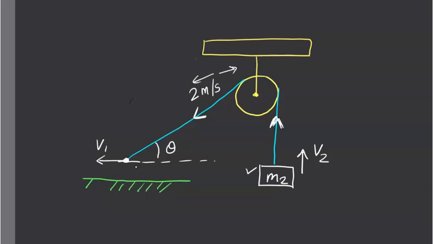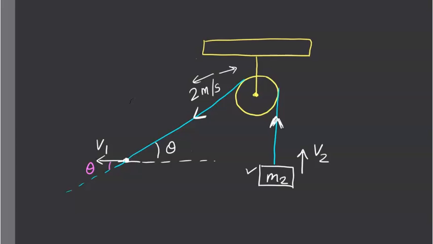Let me erase this surface also, so we will make it simple. So this is v1. Now what is the velocity along this particular blue color string?